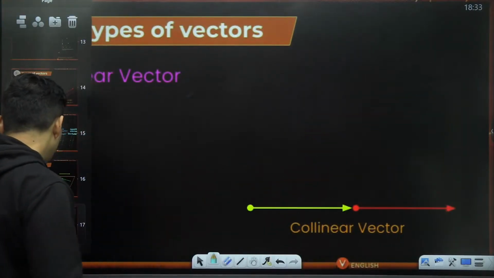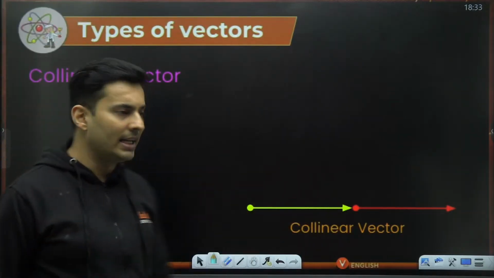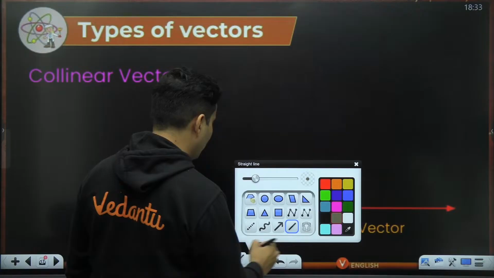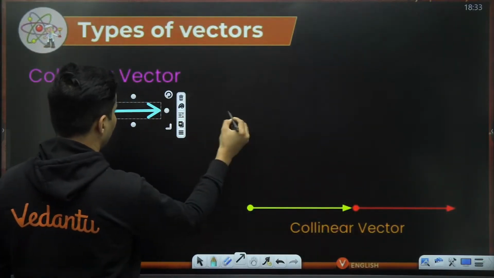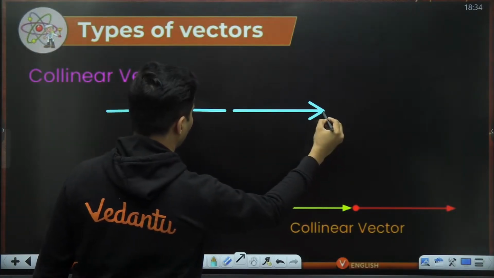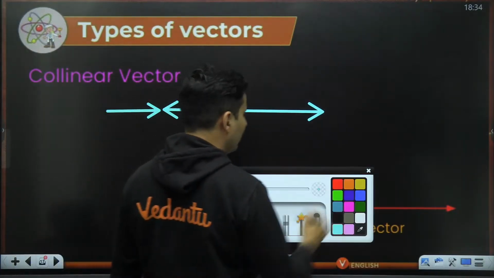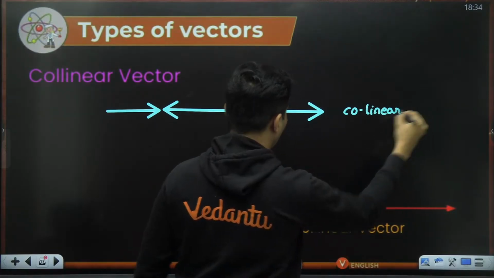Next one, collinear vectors, meaning they are along the same line. Another example of collinear vectors can be this vector and then maybe this vector. They are all collinear vectors along the same line.